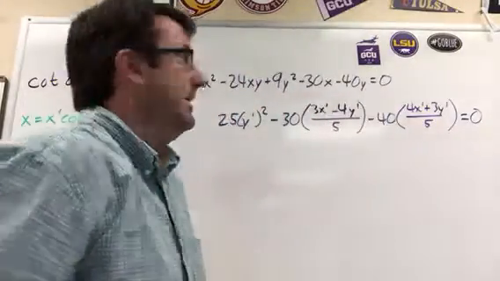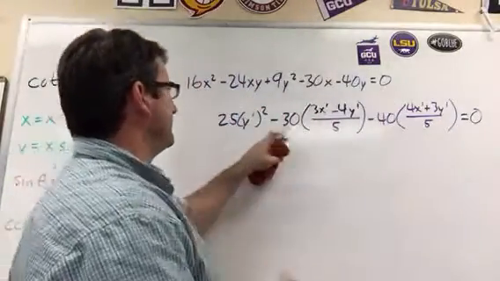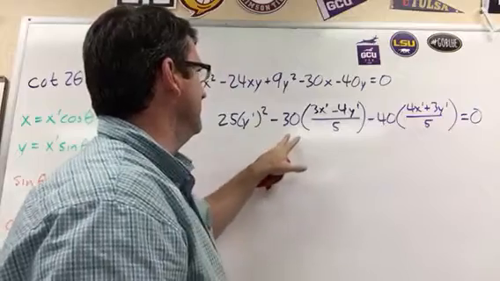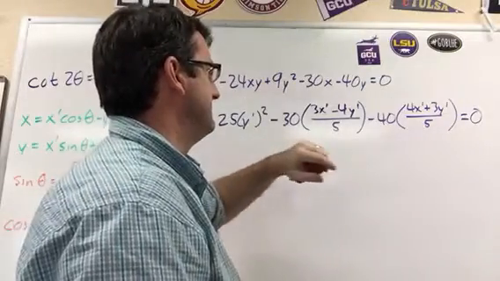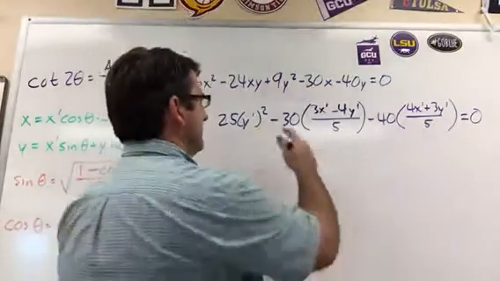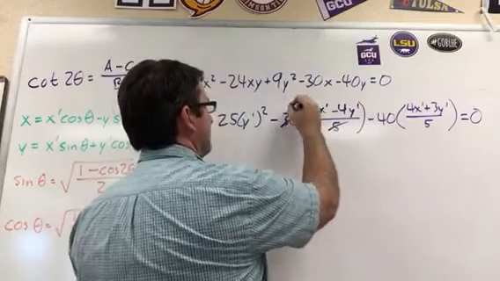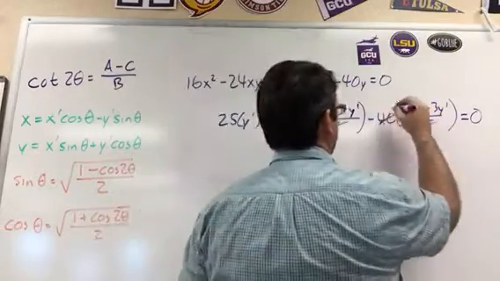All right. So now let's simplify these. So the 5 and the 30, this will just be 6. 5 and 40, this would be 8.